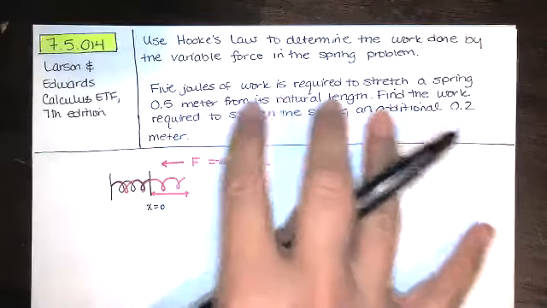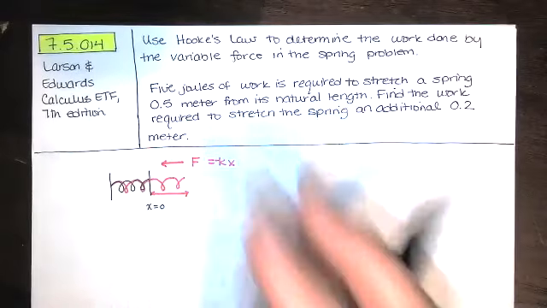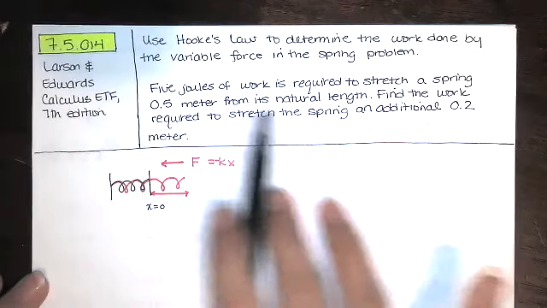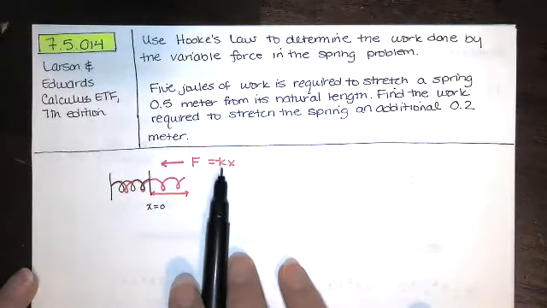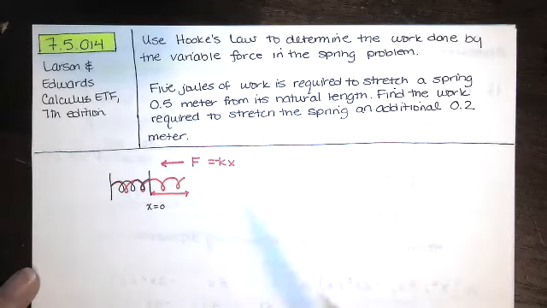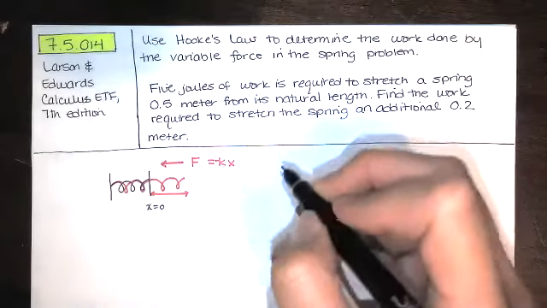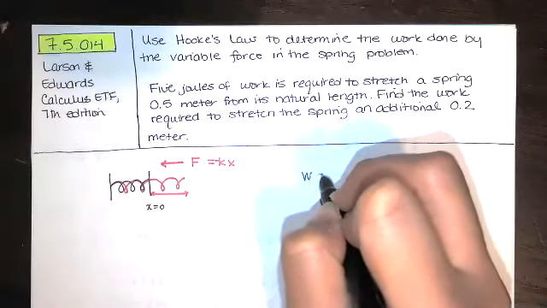Now in this problem, we're told that 5 joules of work is required to stretch a spring 0.5 meters from its natural length. So we're going to use this to find our spring constant k. K is a property of the spring. So let's just set up the work.